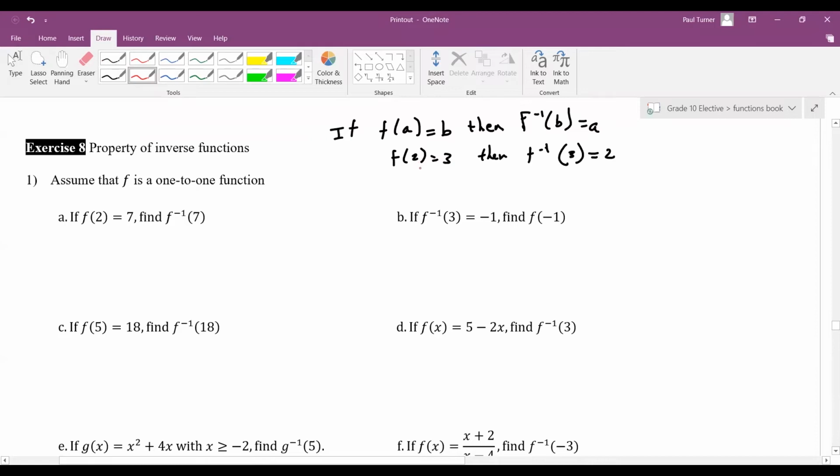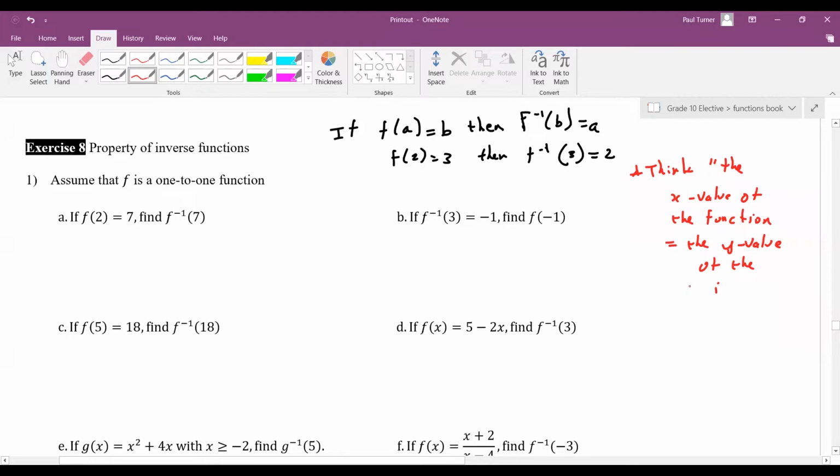So that means that you could say that the x value of your function is the y value of the inverse. So this is one way you can think about it. So think: the x value of the function equals the y value of the inverse function. And we know that because we're swapping them, aren't we?